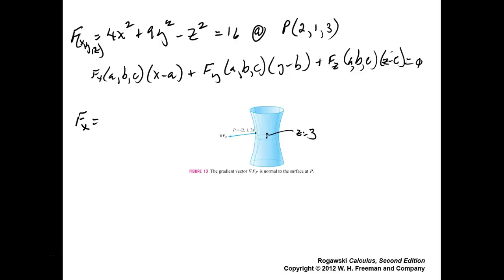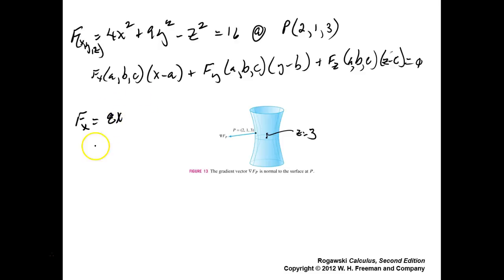You're taking the partial of this function here with respect to x. So 8x, that's it, because you count those as constants and you're doing it with respect to x.